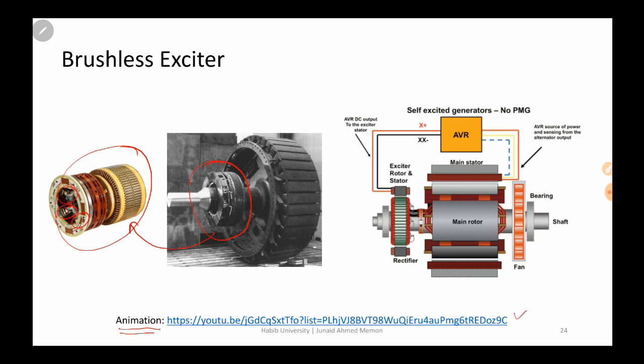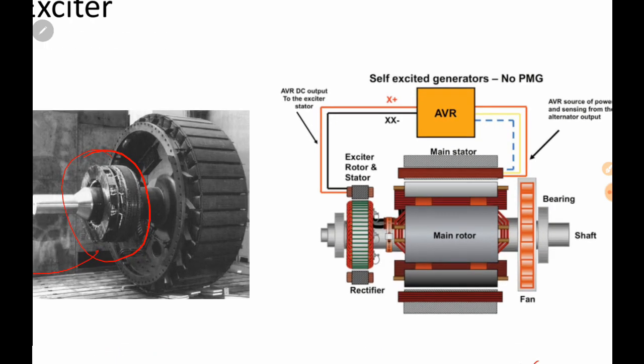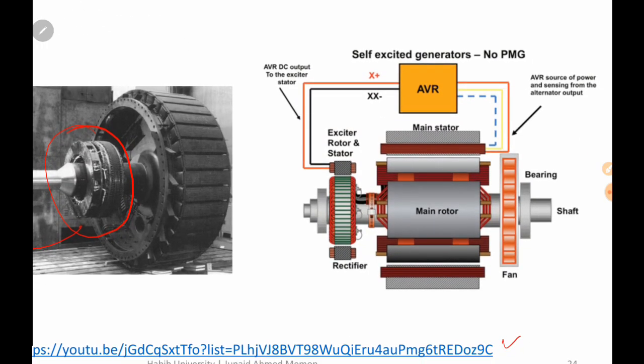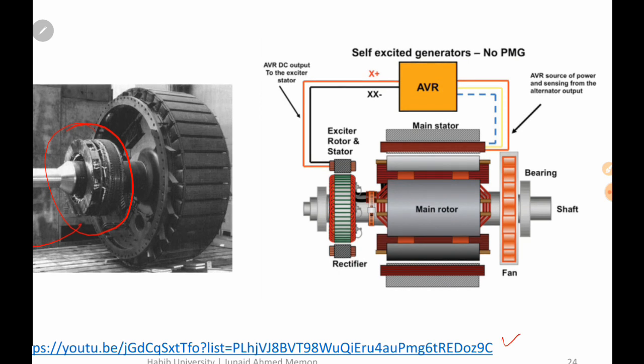So roughly it looks like this. As I draw the structure, you have a single shaft, and on it you have the field windings, which are mounted, and then you have a main stator inside which voltages are induced, and then you have an exciter generator.